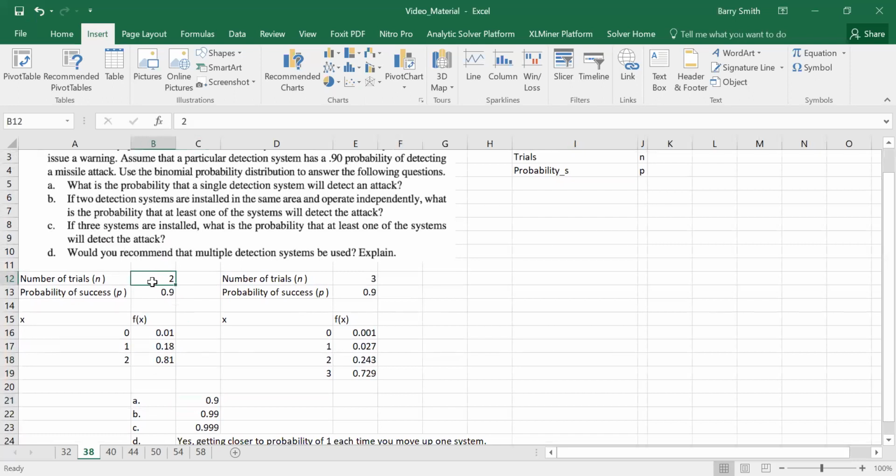Well, then we have the number of trials n is 2, probability is 0.9. Again, I went ahead and did the whole table here. I went 0, 1, 2, and then calculated each of those probabilities using the binomial distribution, plugging in the values we have, the 2, the 0.9, and the x is 0, 1, or 2.